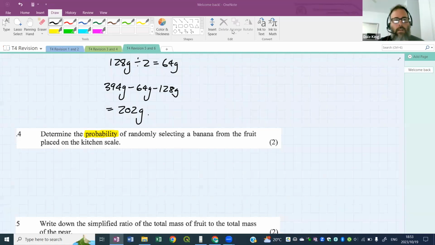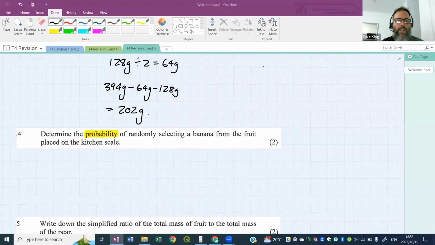Look here. Question 4. Probability again. You see? They inject it in and they squeeze it in wherever they can. Probability. There we go again. Like I'm doing measurement, my mountain measurement. Probability. All right.